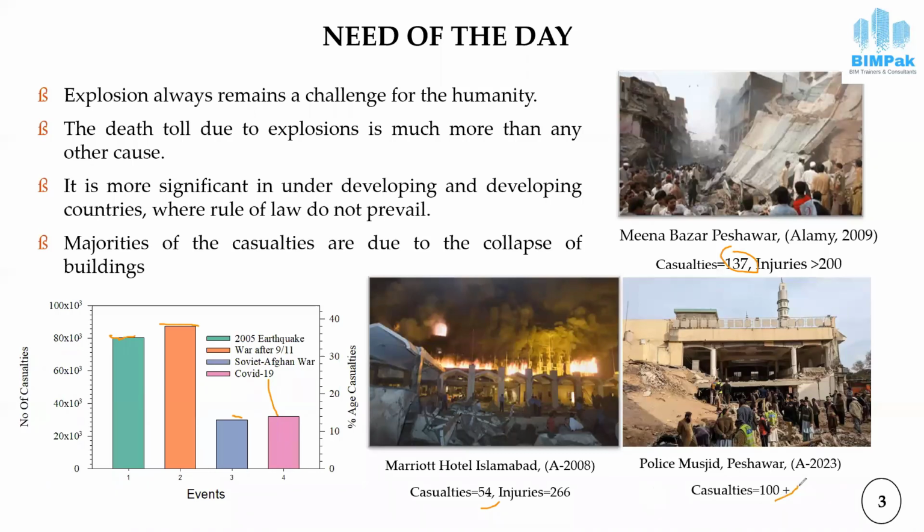These people mainly died because of the collapsing of the structure. These casualties are not only due to the direct impact of the shock wave, but due to the collapsing of the structure. So from this slide, it is very clear that we should consider blast load effects while planning and designing our infrastructure.